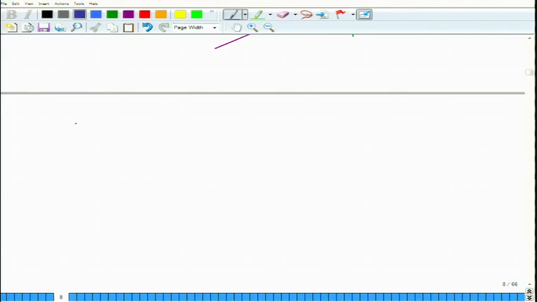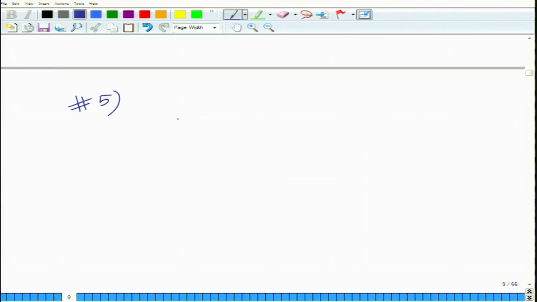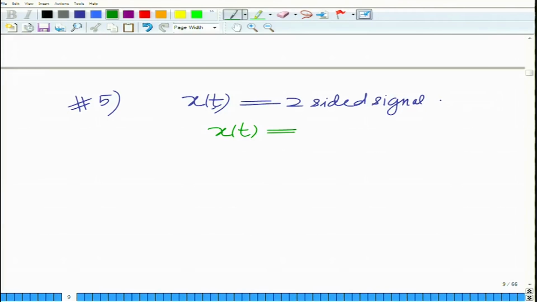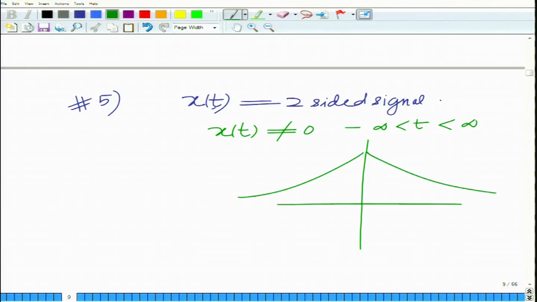If x(t) is a two-sided signal, which implies x(t) is non-zero for the entire range, that is, minus infinity less than t less than infinity, it looks something like this.